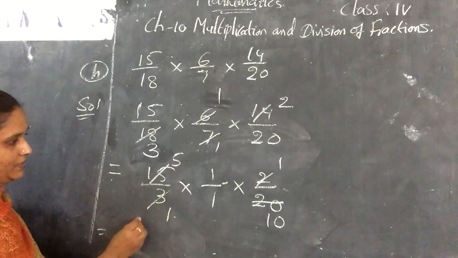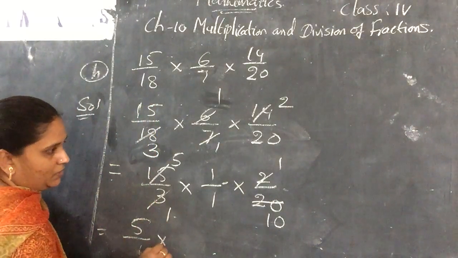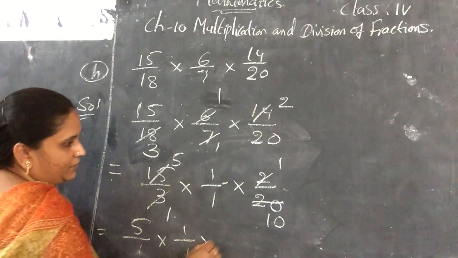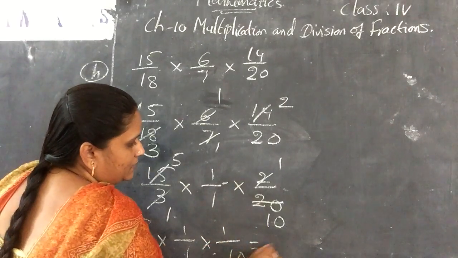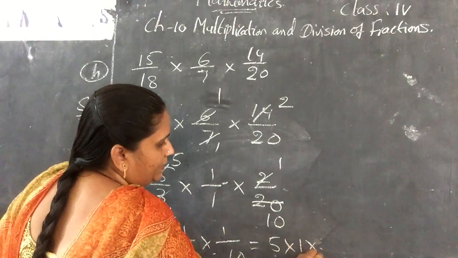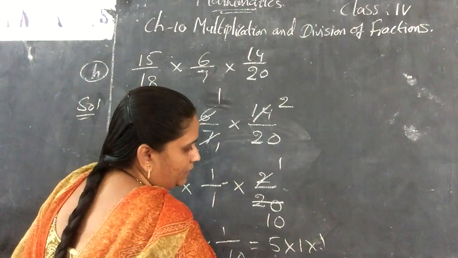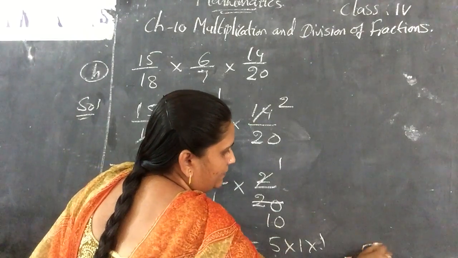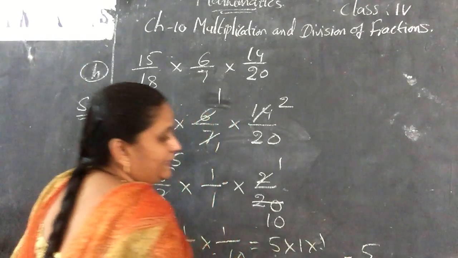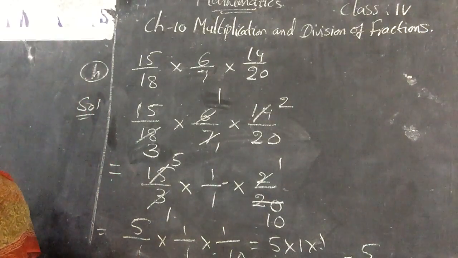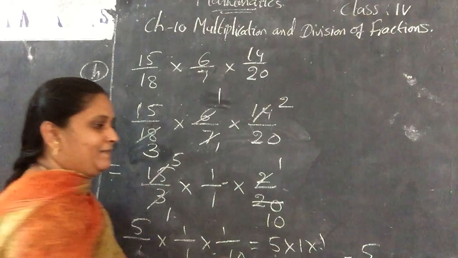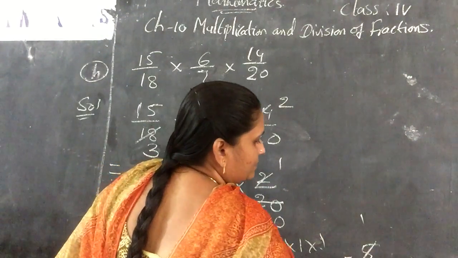Now write down everyone. 5 by 1 into 1 by 1 into 1 by 10. So 5 into 1 into 1 by 1 into 1 into 10. And the answer is 5 by 10. Again it can be divided: 5 ones are 5 and 5 twos are 10.